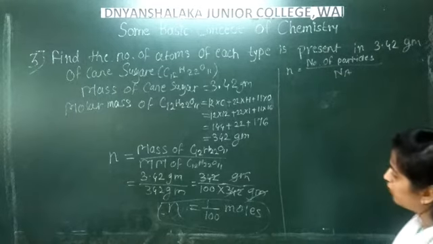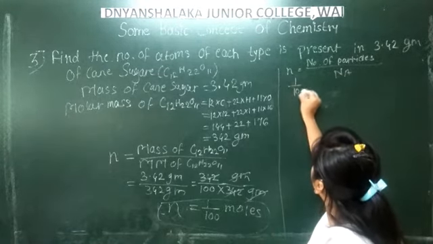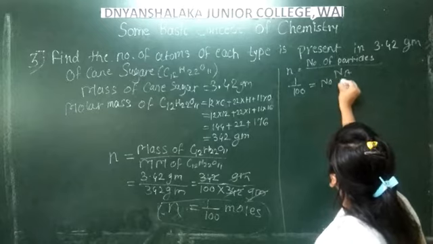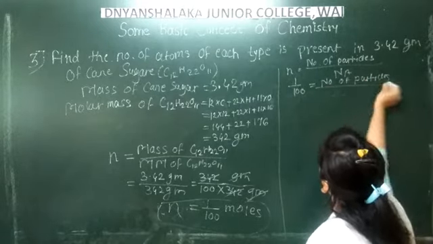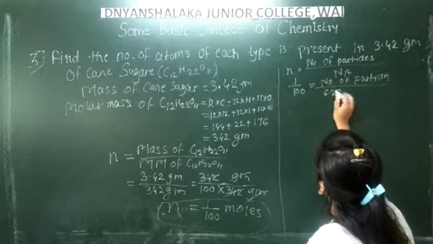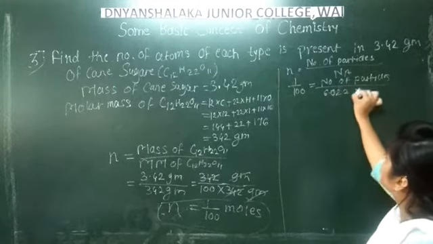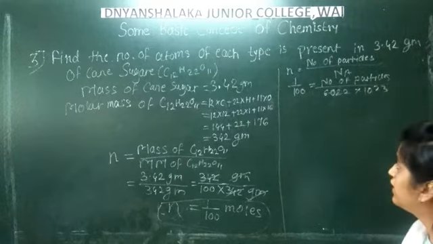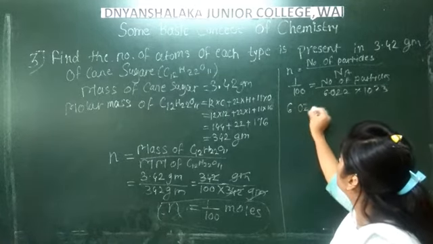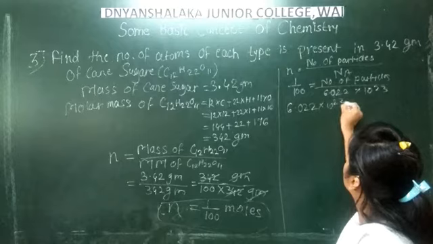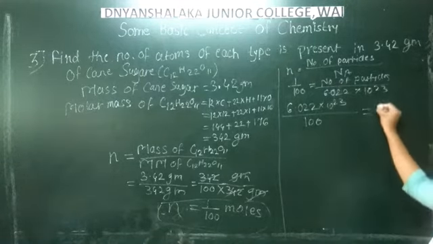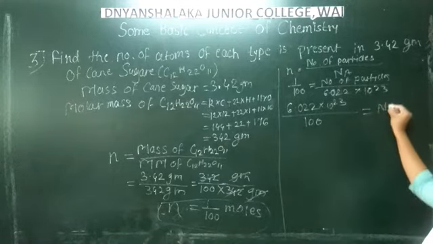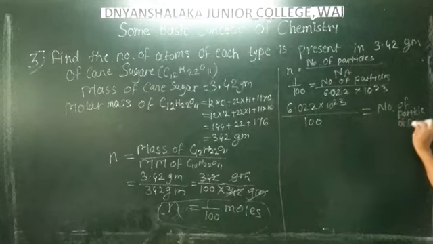Putting the value of N as 1 upon 100, which is equal to number of particles upon Na value 6.022 into 10 raised to 23. On rearranging the equation, 6.022 into 10 raised to 23 upon 100 is equal to the number of particles of cane sugar.